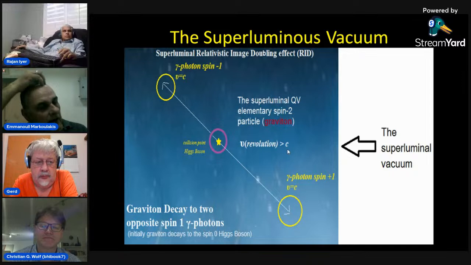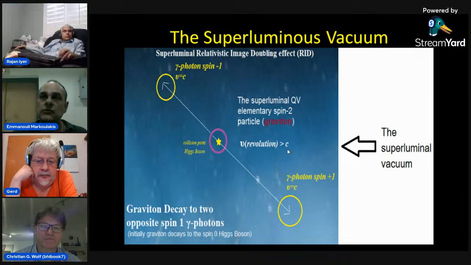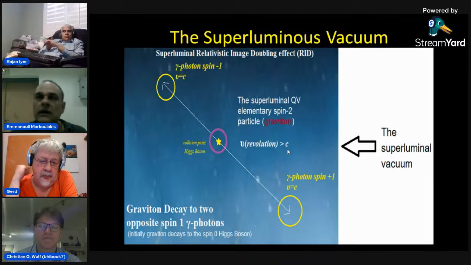So logical thinking says that the fabric of space-time, which we say is the vacuum, is not limited by c. If we assume this vacuum is also quantized, then the quantum of this vacuum, its elementary particle, is also not obliged to comply with the c limit.